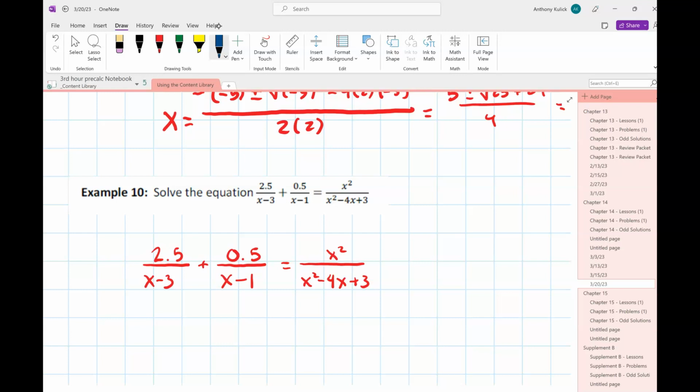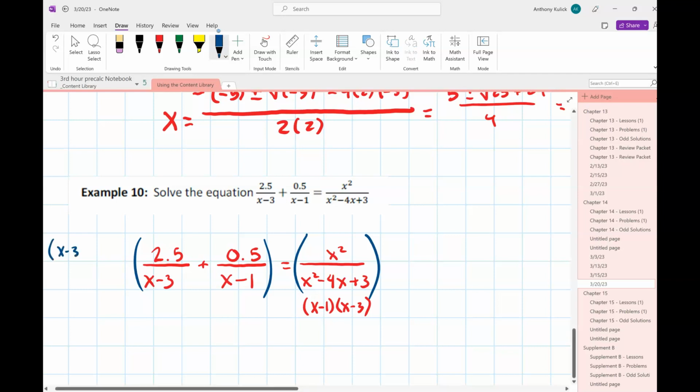First step. Well, how do you know that's going to be the case? No. Definitely not. Because the denominator is not multiplied together. But you're right, Sophia. That is what we need to multiply both sides by.